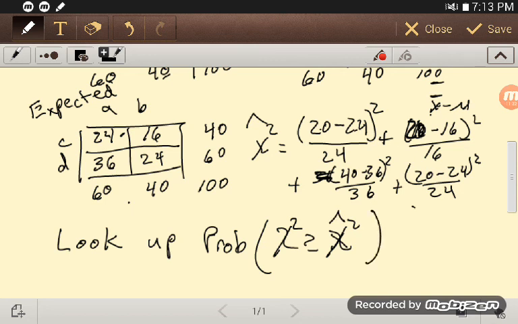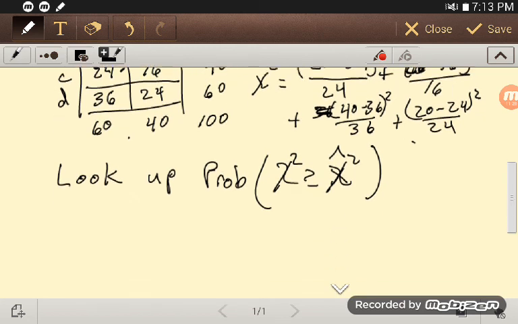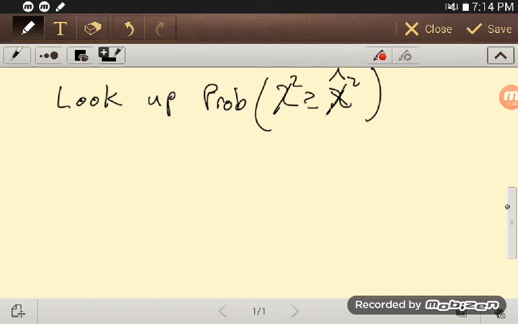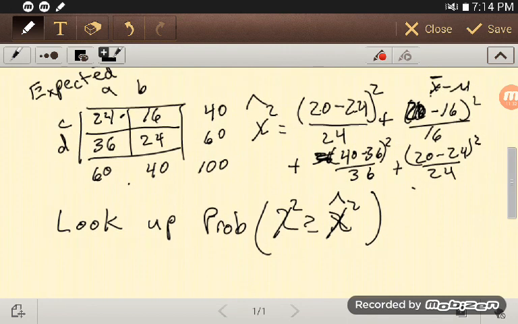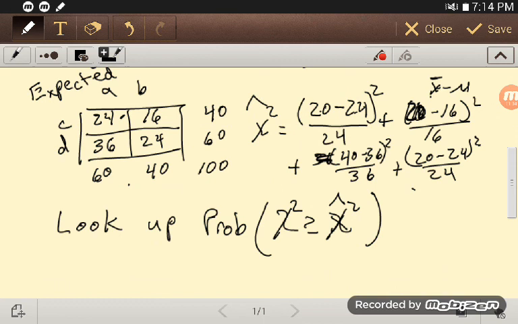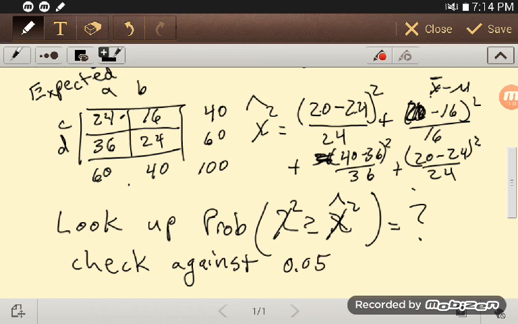We have to look up that probability, and what we want to know is, is that bigger than 0.05 or less than 0.05? And so it's that same question we started asking, it's all about 0.05. We need to know what that equals, and then we check against 0.05.